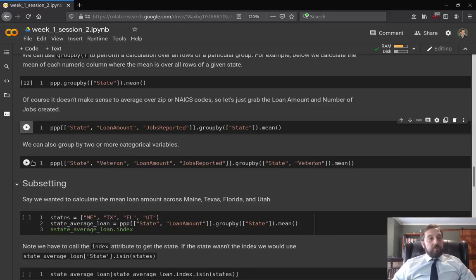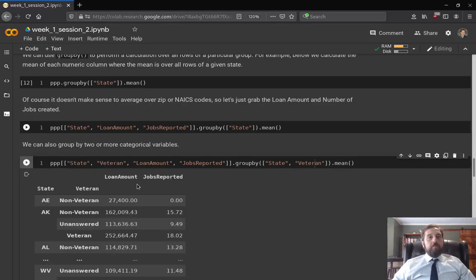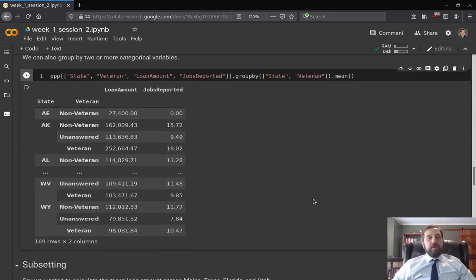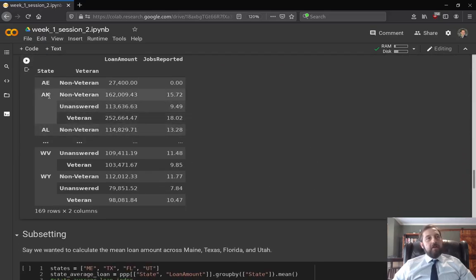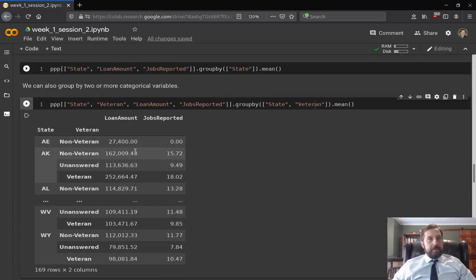Interestingly enough, we can also group by more than one categorical variable. So we can group by state and veteran status. So if we wanted to say, okay, well, let's take a look at Alaska. What was the difference between the mean loan between veterans and non-veterans in Alaska?